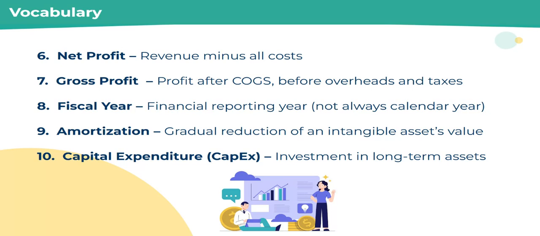Number 9, amortization. Gradual reduction of an intangible asset's value. Amortization. Number 10, capital expenditure.